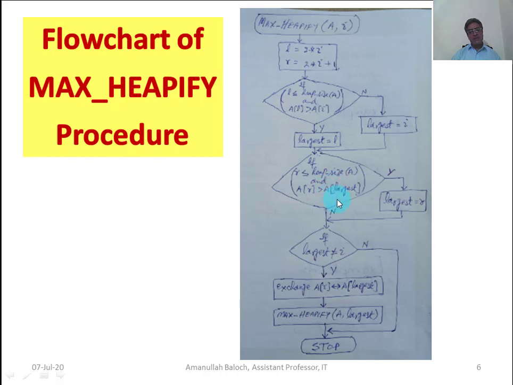That is why we check the left with the parent and the right with the parent, and then we exchange with the largest. A of 3 will exchange with A of 6 because at location 6 the left child was larger than the parent. And when the corresponding node becomes a leaf node or does not violate the max heap property, the max heap procedure stops and does not execute further.